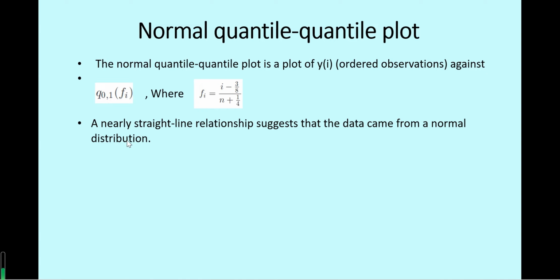So next we can plot in x and y axis, x-axis representing the normal quantile value, and the y-axis represents the sample observations for each observation associated with i. So if the plot shows a nearly straight line relationship between those two, we can conclude that the data come from a normal distribution.